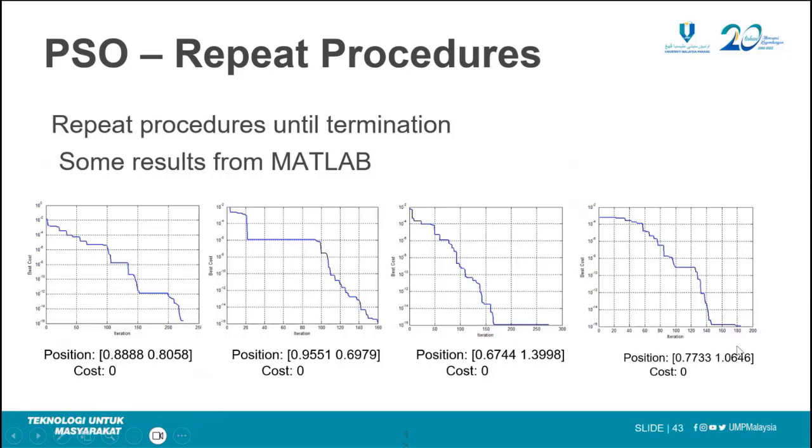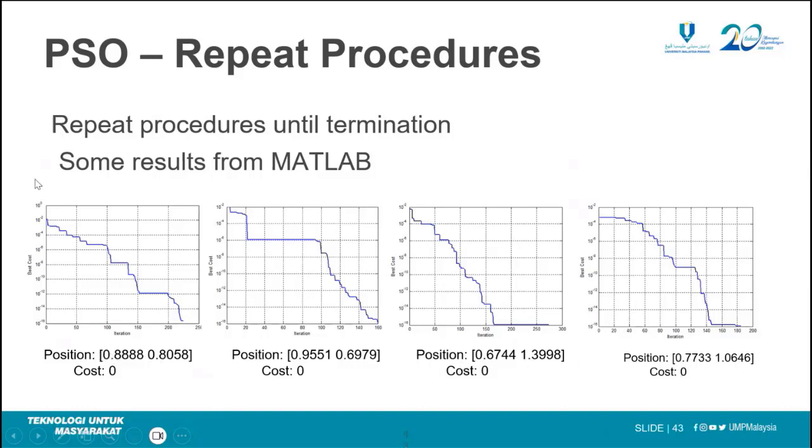If we look at the results here, it comes out with different combinations of parameters. And again, for the position here, the first value represents R and the second value represents H. In these solutions, all of them give 0 cost, but with different parameter combinations.